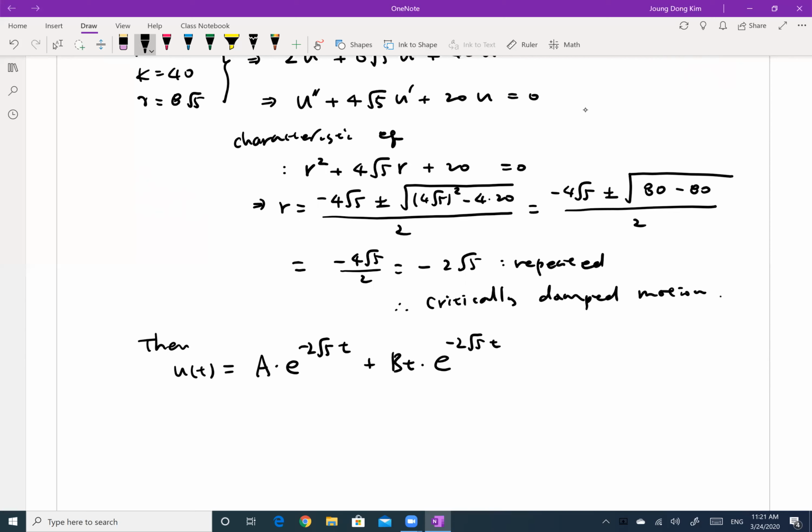For my convenience, let me combine it this way: A plus B t, times e to the minus 2 square root of 5 t. Now we have to decide the coefficients A and B.